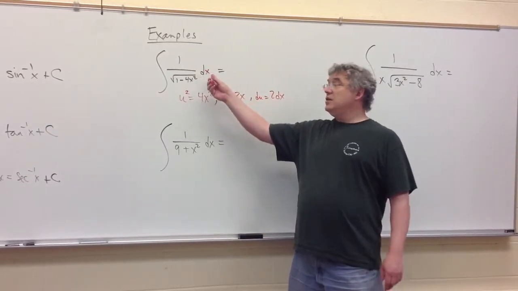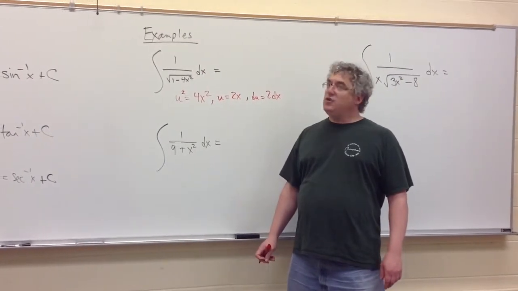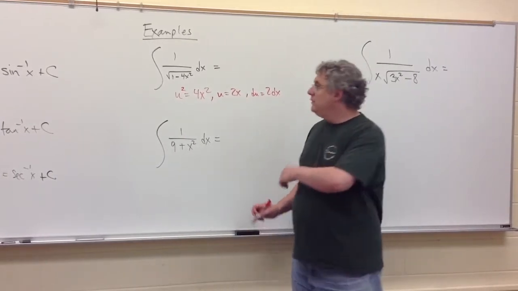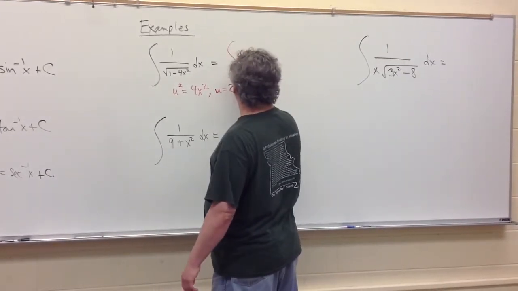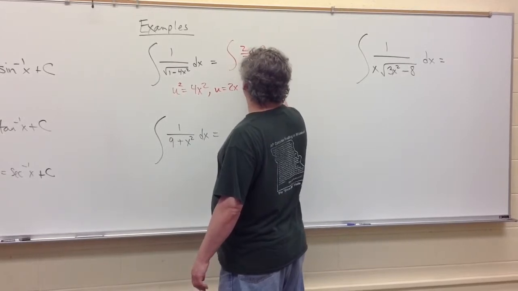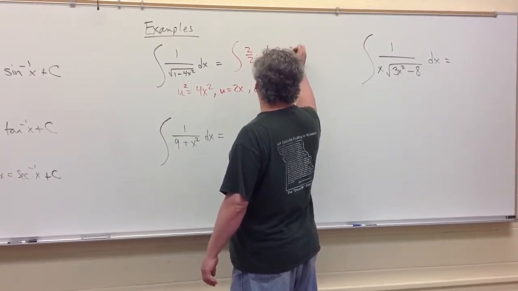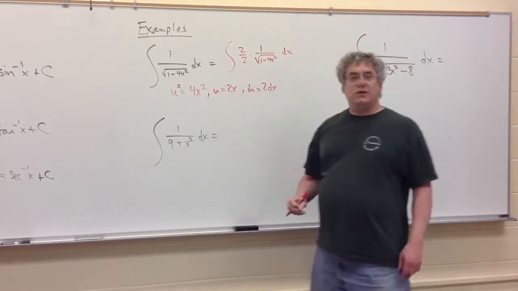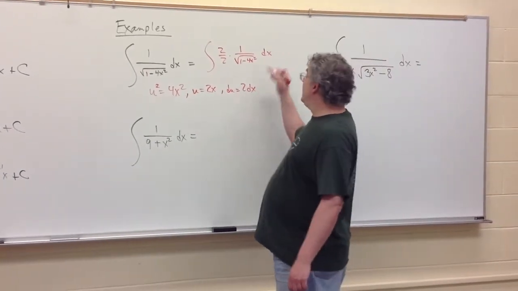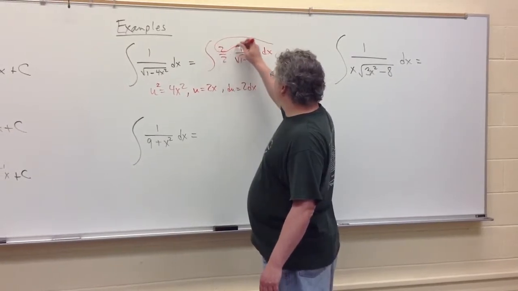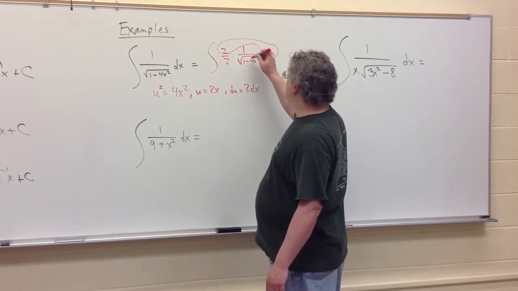Do we have the 2 dx? We've got the dx. We don't have the 2. But we can get a 2. So let's do that. We do it this way, right? Multiply by 2 over 2, because that gives us the 2 we want, which is on top. The dx of the 2 here is our du. That's our u squared.